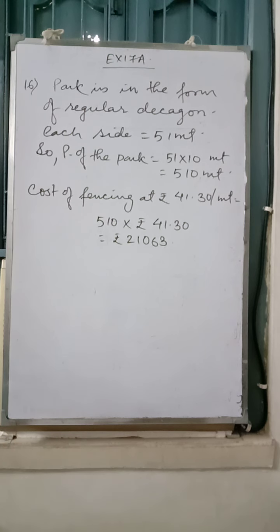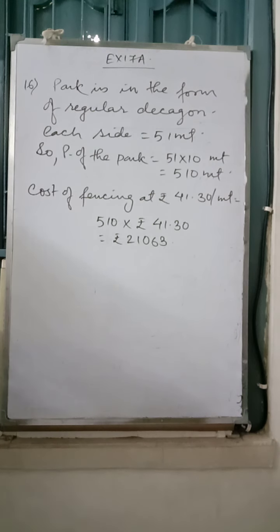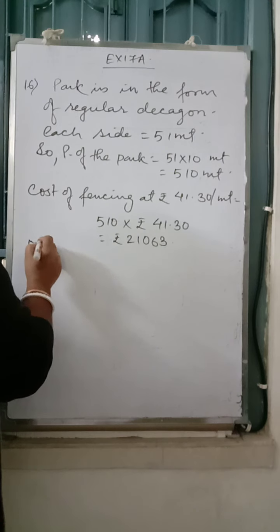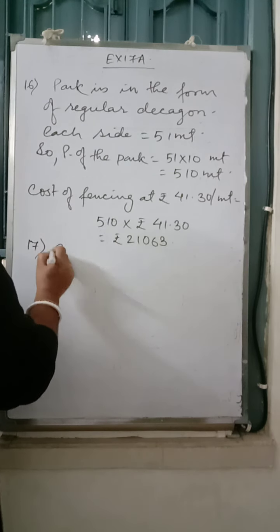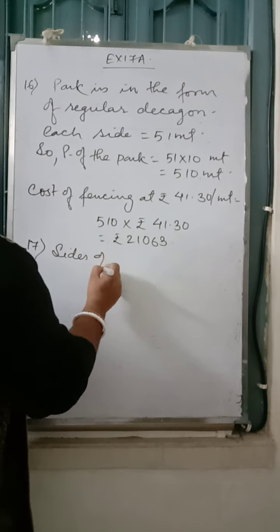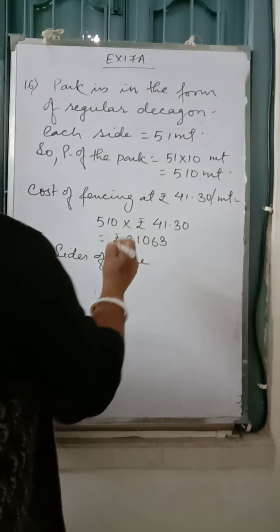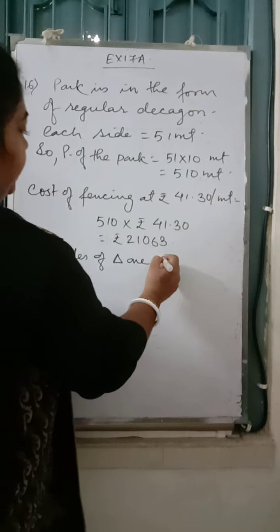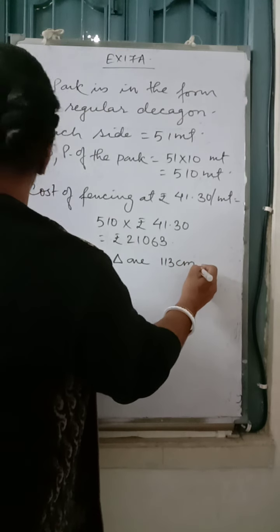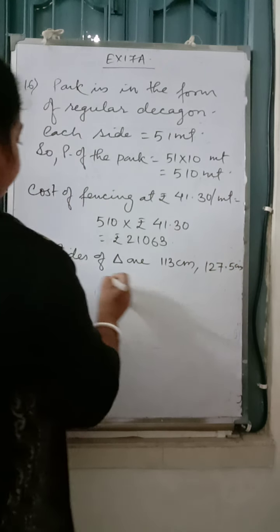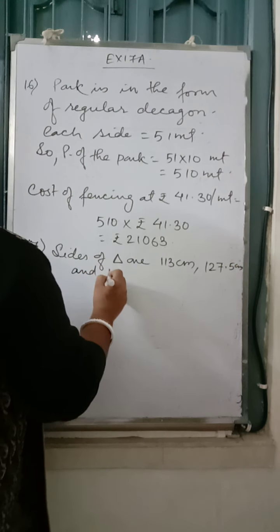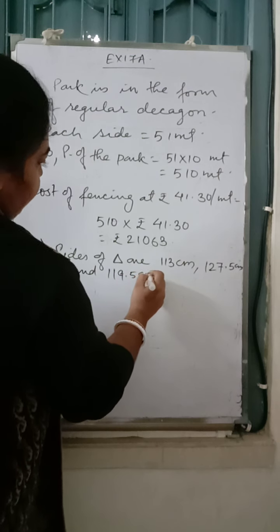Question 17 says the perimeter of triangle is 4 times the perimeter of square. Determine the side of square. Sides of triangle are 113 centimeter, 127.5 centimeter and 119.5 centimeter.